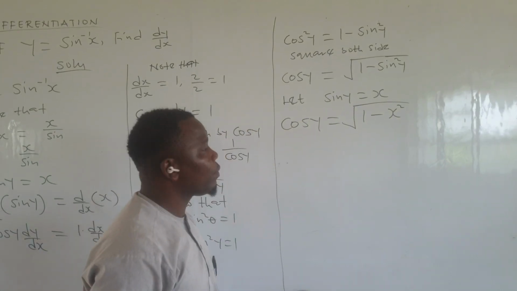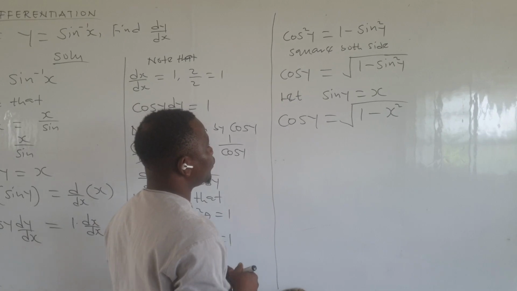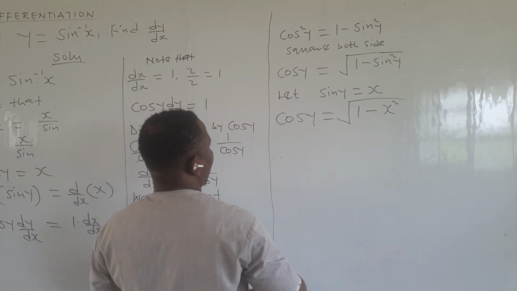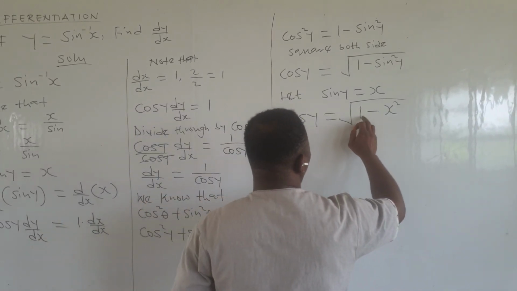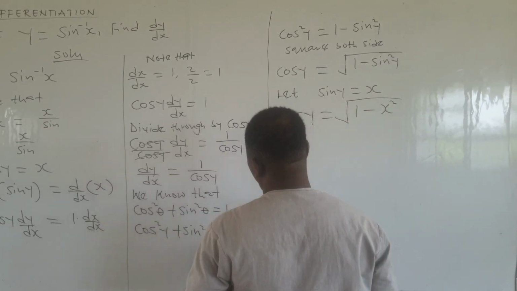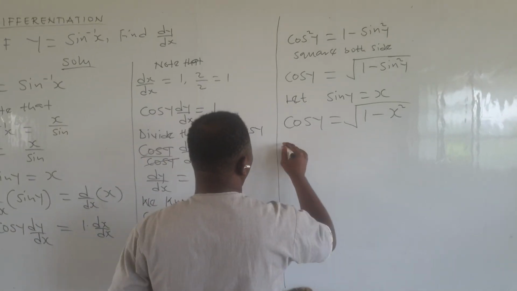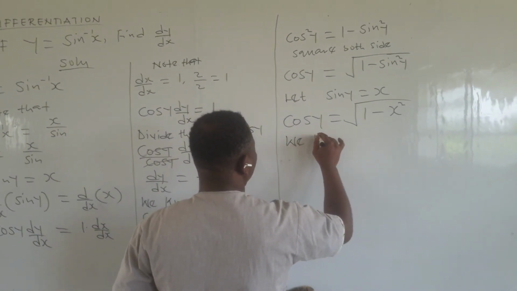Is that clear? Do you understand? Any question? So our cos y is equal to the square root of 1 minus x squared.